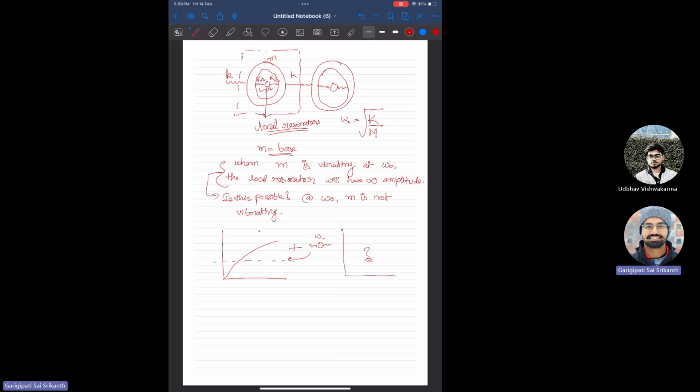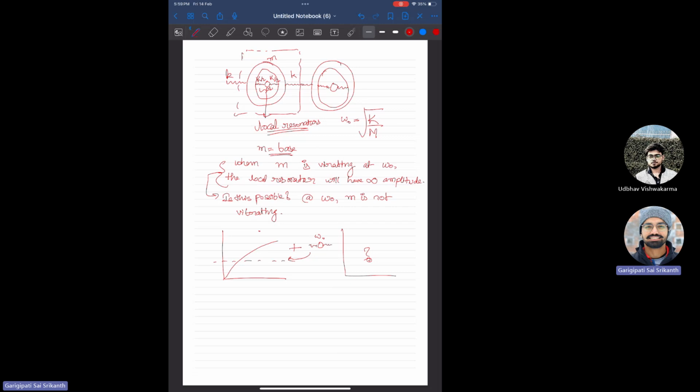Let's start by identifying how many degrees of freedom exist. So this is the unit cell, and inside the unit cell, the first particle is small m, the base particle. That's your 1 degree of freedom. And the other particle is the local resonator. And they are both independent degrees of freedom, although they are connected by springs, but you can hold one and move the other. So they are independent degrees of freedom.